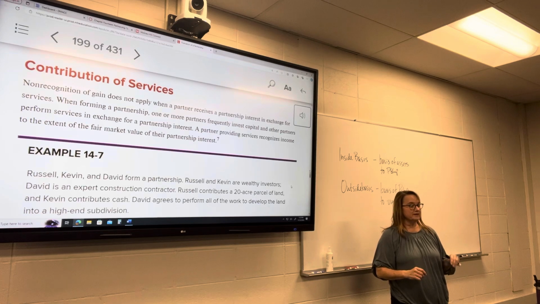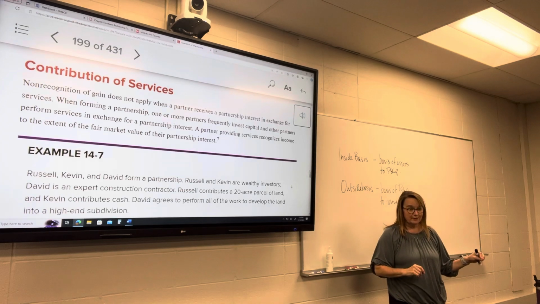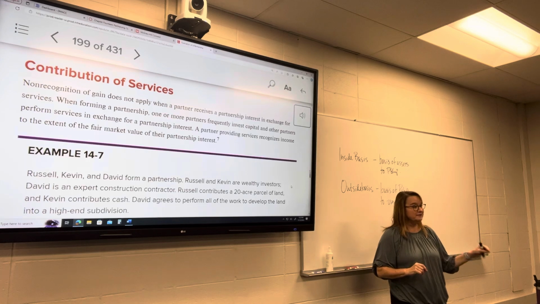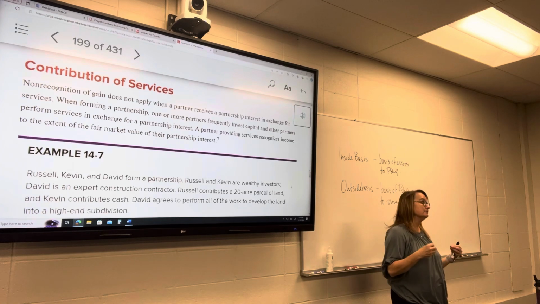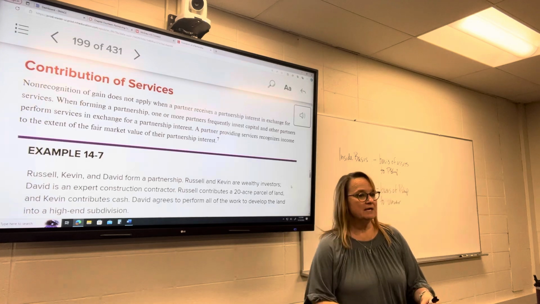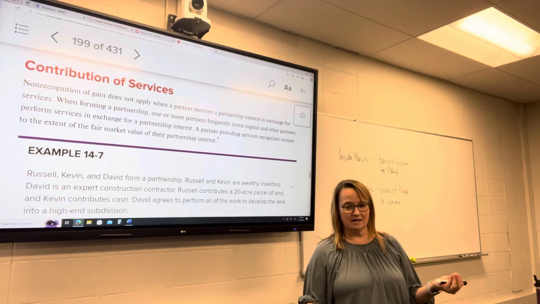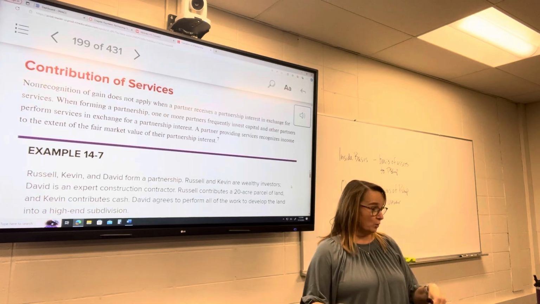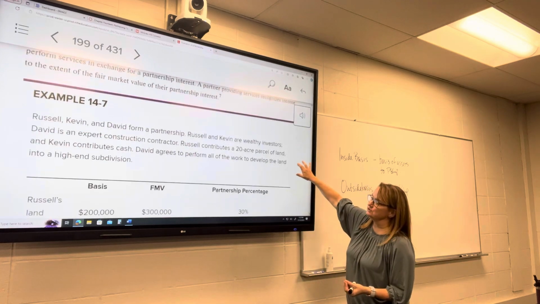This can be kind of a bit of a pain because now you have to pay tax on income that you didn't actually receive, right? You contributed the services, but you didn't get paid for them at this point. You didn't get paid in cash. You got paid in the form of a partnership interest instead, but you got paid nonetheless for your services. And so just like any other time you work and get paid, you're going to have to pay tax on it.